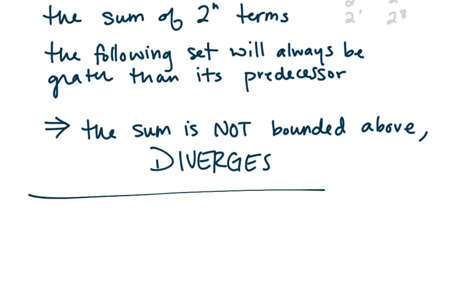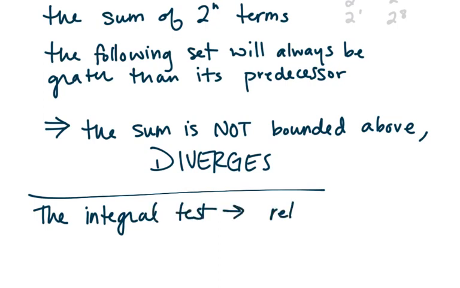And the last thing we want to talk about then is the integral test, which is what we're building towards. And the integral test is related to this harmonic series we just discussed. So let's look at one more example before we define what the integral test is.